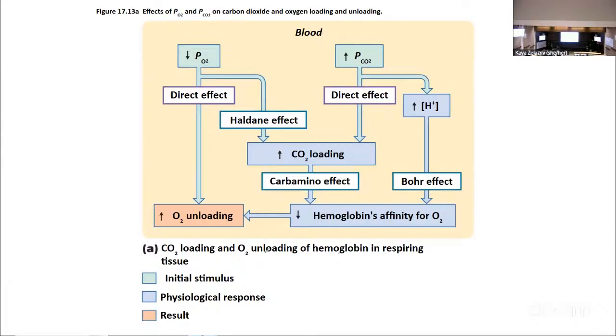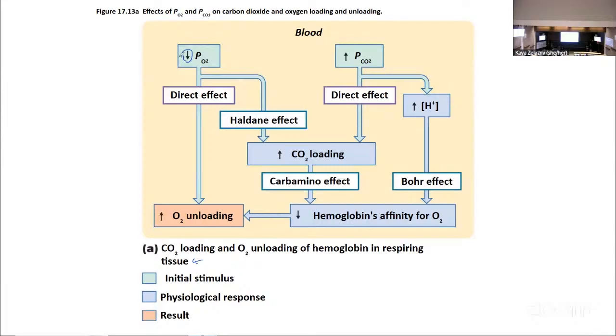So we're imagining first at our active tissue, right? Our active tissue is the spot where we're using up our oxygen, so we see this lowered partial pressure of oxygen there. This is where we see the partial pressure of oxygen dropping from 100 down to 40.